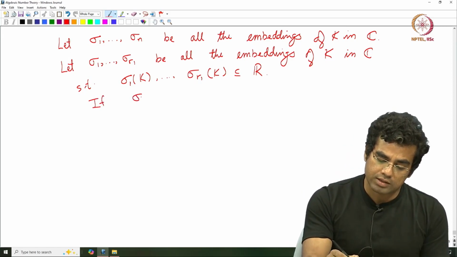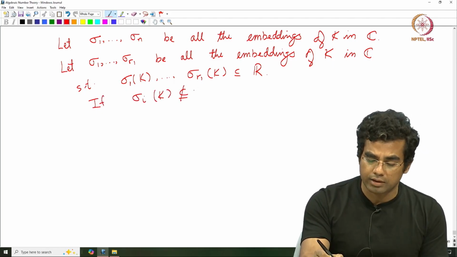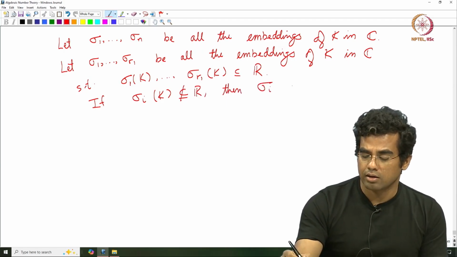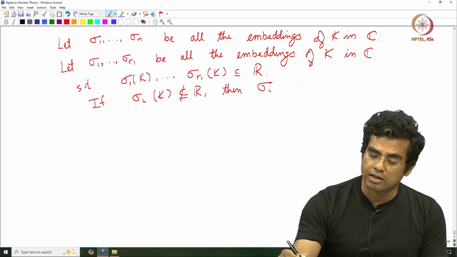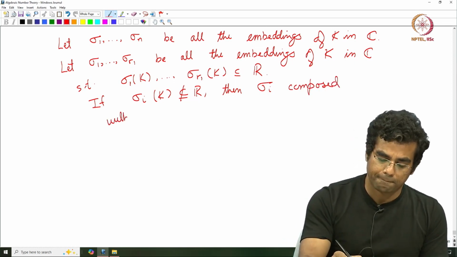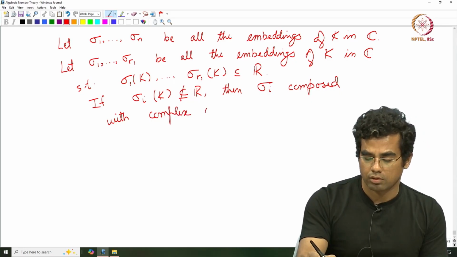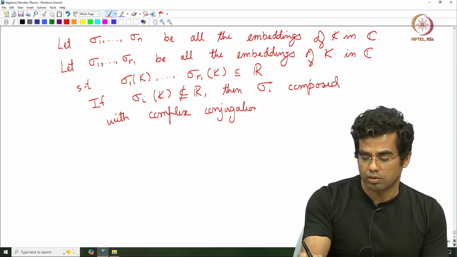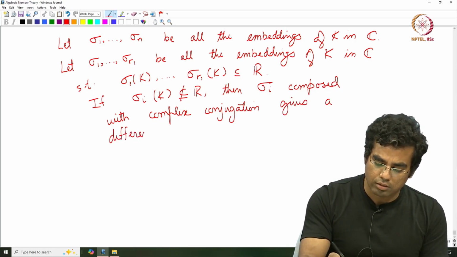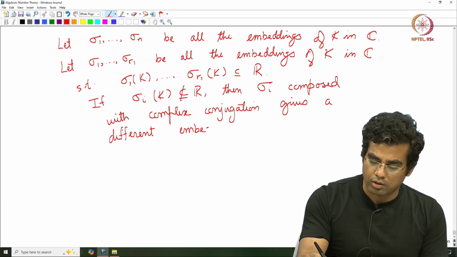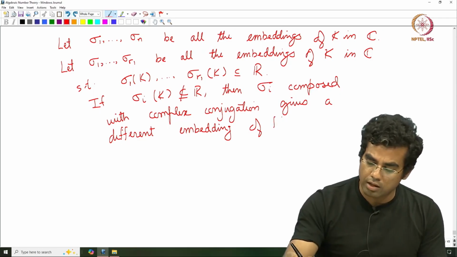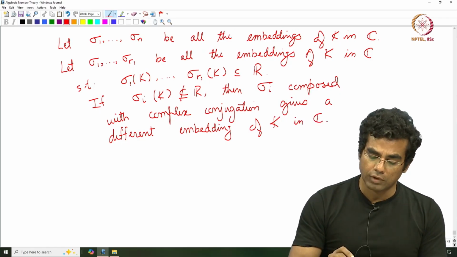And if sigma i of K is not contained in R, then sigma i composed with complex conjugation gives a different embedding of K in C. Okay.